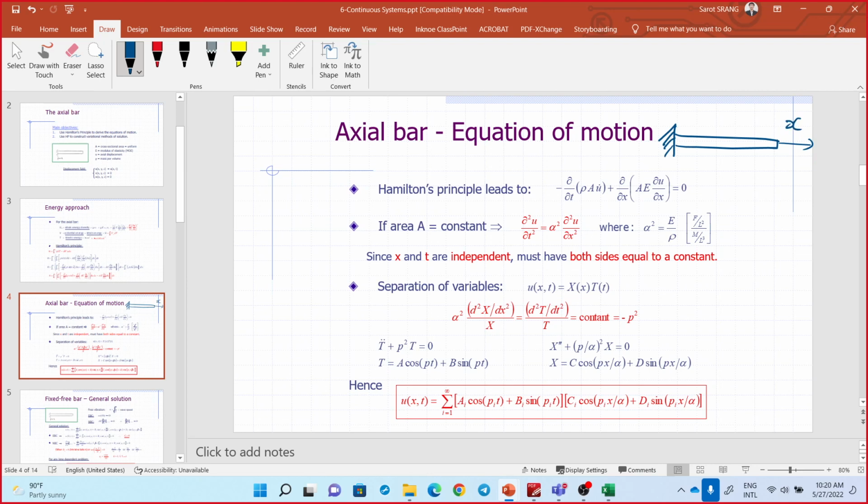So let's see one point at coordinate x here. When there is an external force applied on the bar, it can displace to another point. So this point displaces to this point, and another point here displaces to another point here.